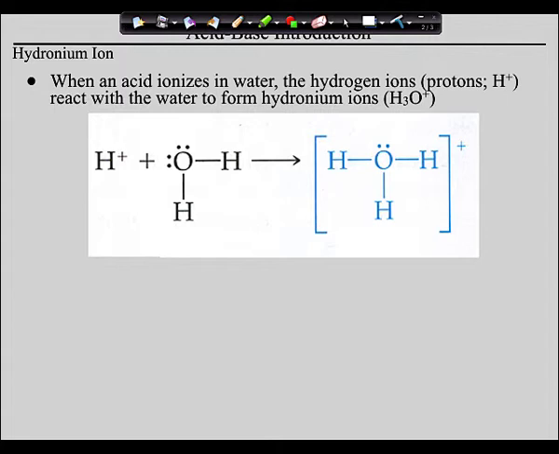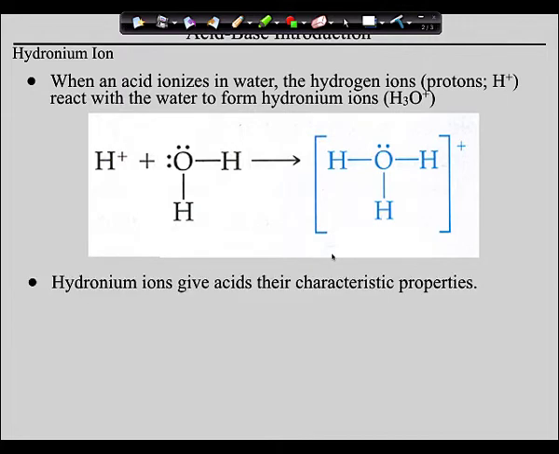Guys, all acids do is give away protons. Those protons go to water. Those protons form hydronium ion, and that is the reactive part of an acid that you think of as being acidic. So guys, it goes like this. These hydronium ions give these things their characteristic properties, their corrosiveness, their ability to react with metals. All of those things are the result of hydronium ion.